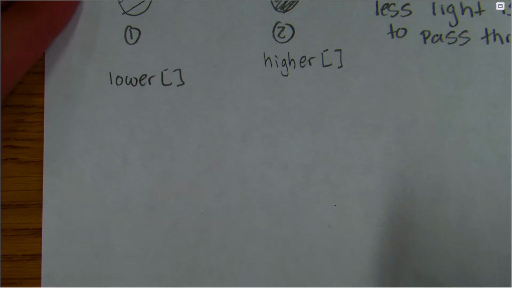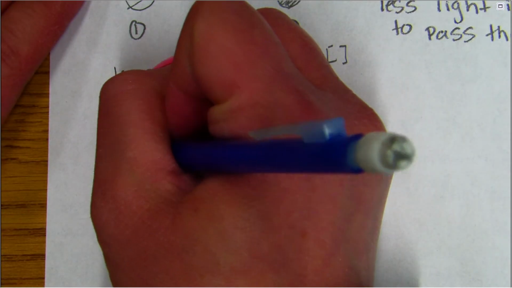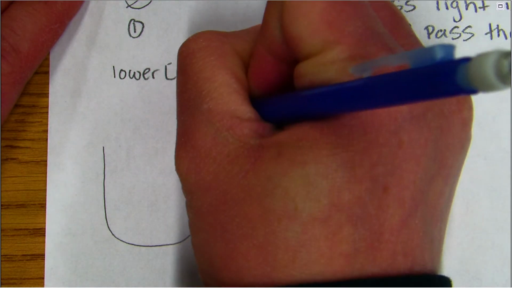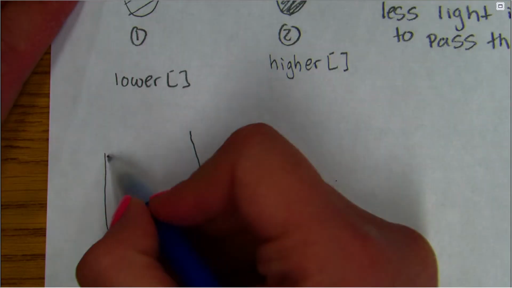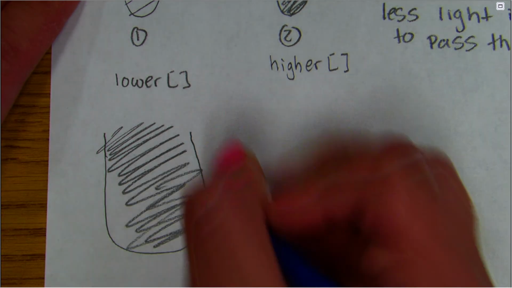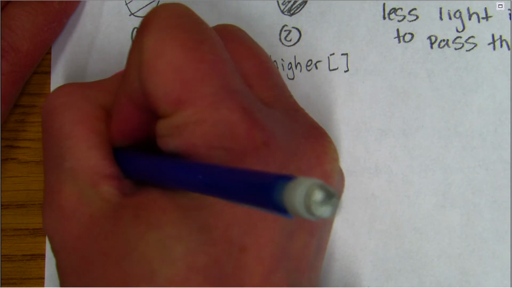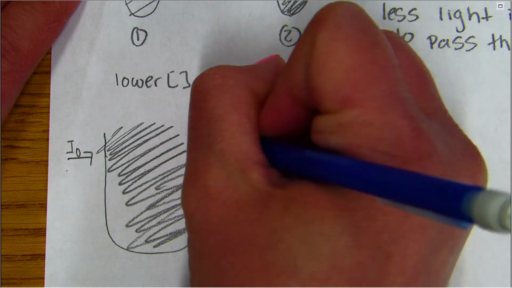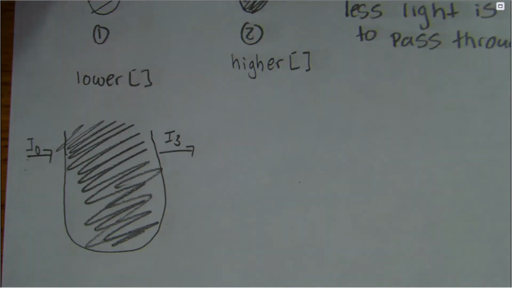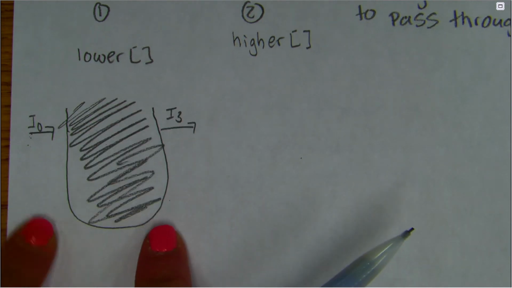Let's say we wanted to increase the size of the cuvette. I'm going to keep the concentration the same as it was in number 2. So here's my light coming in, and here's my light going out. I have simply increased the size.